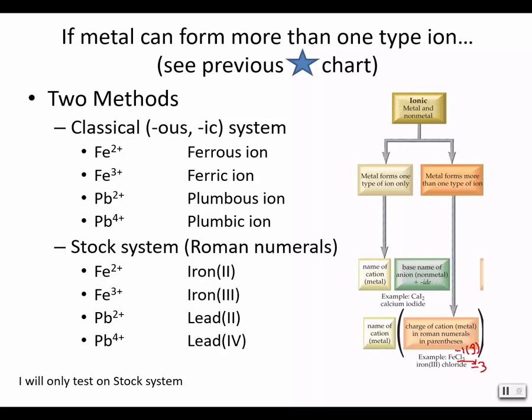And since the sum of the charges in an ionic compound must be 0, the only way that the charge in this overall molecule can be 0 is if this iron is a +3 charge. So iron(III) chloride. If I had FeCl2, then that would be iron(II) chloride.